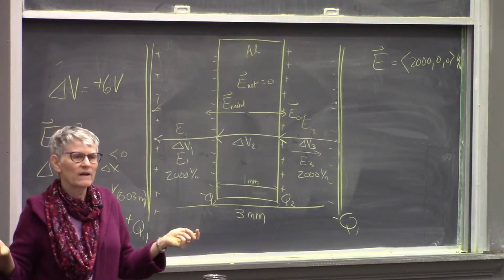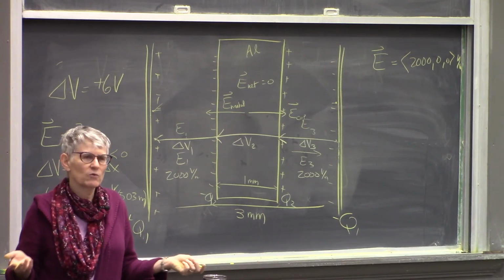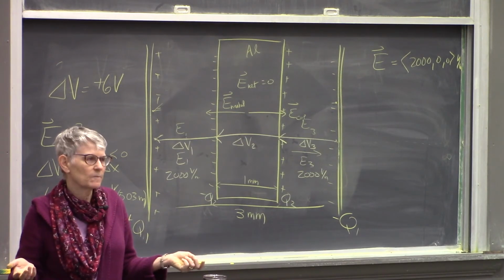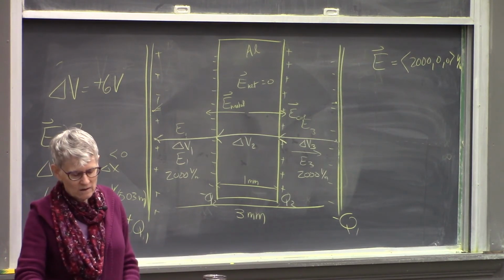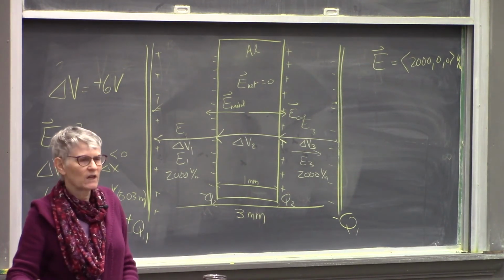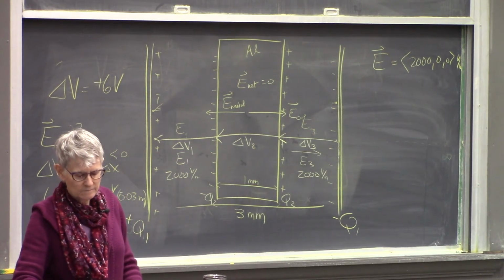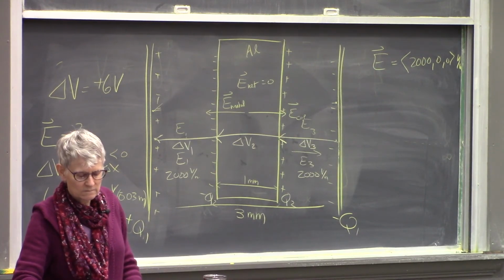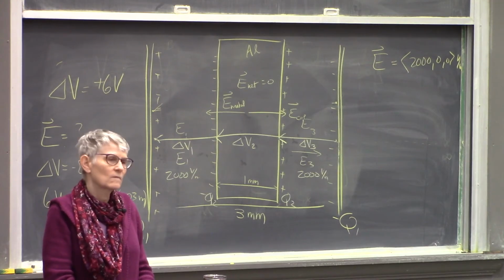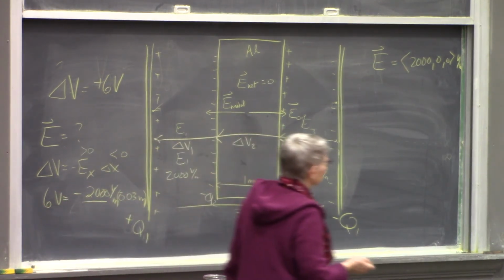And then we divided the path into 3 steps because there were 3 regions where the field was uniform. And we calculated the potential difference. You can let the questions percolate.